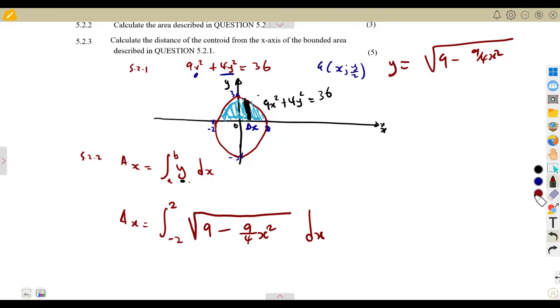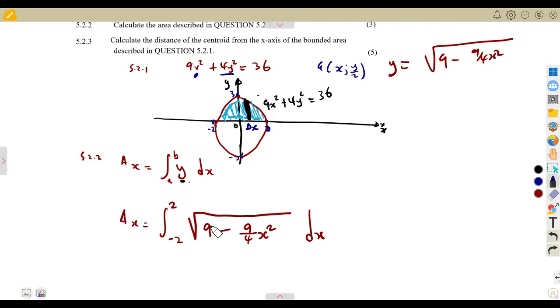If there was something outside the square root, maybe an x, at least we could think of the substitution method. But with this we are stuck, because we can't substitute; there's no term outside the square root that can cancel.